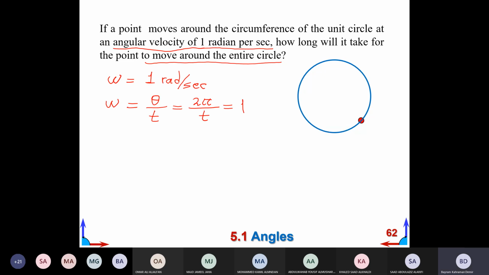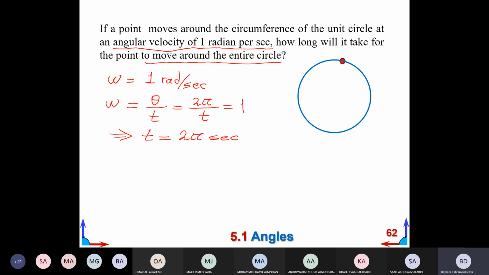So 2 pi divided by t is 1. Then what is the time, Shabab? T is equal to 2 pi seconds.